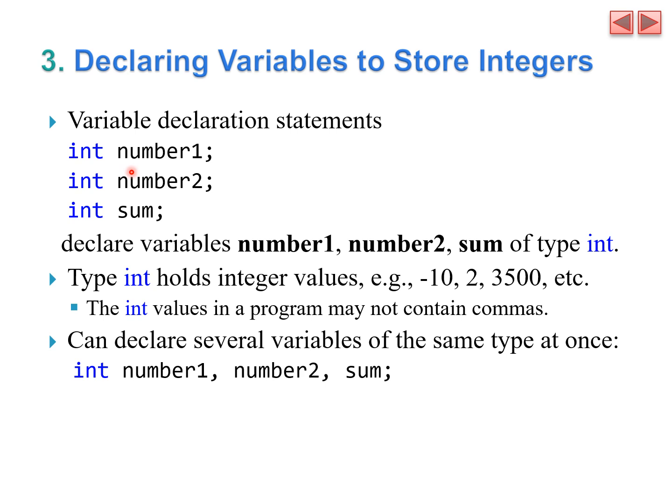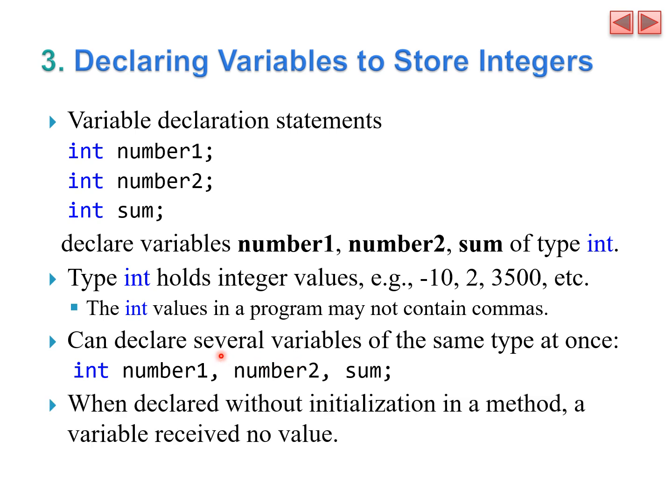All these three variables are declared without initialization. When declared without initialization in a method, a variable receives no value. You will have to assign the variable a value later before using the variable.